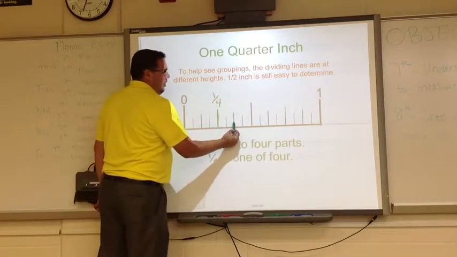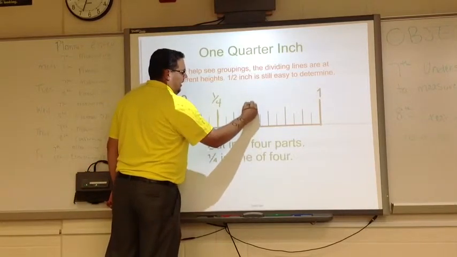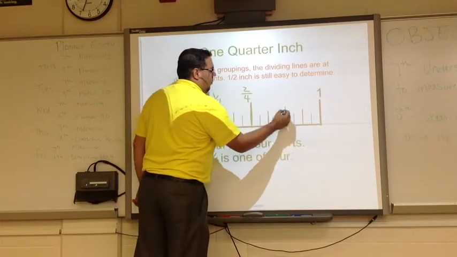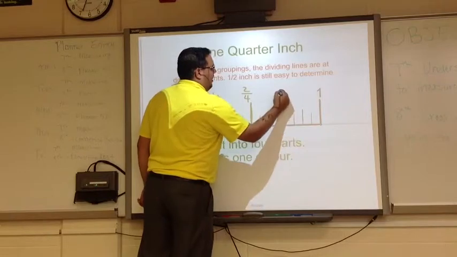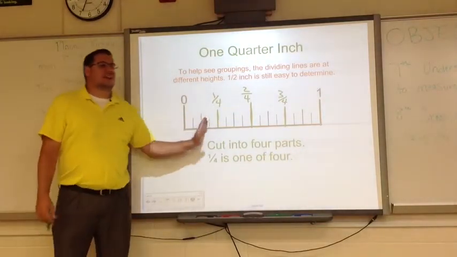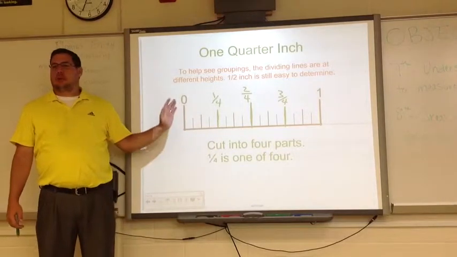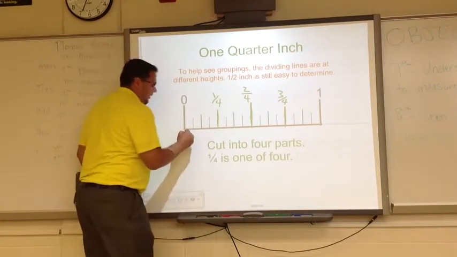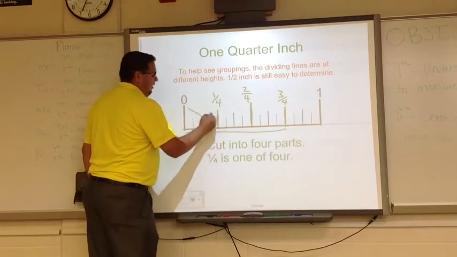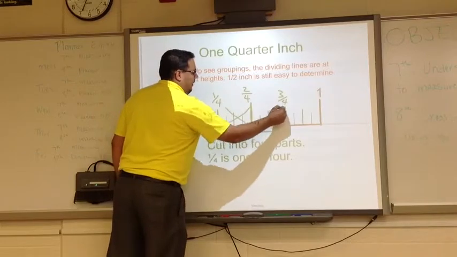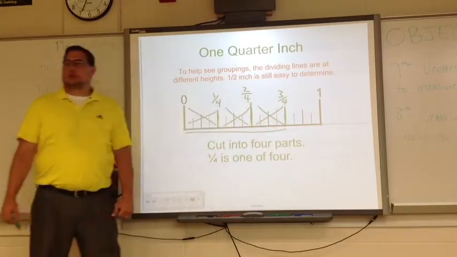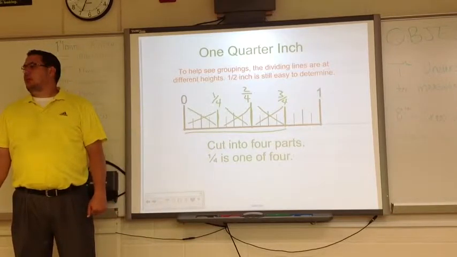Count to 4 again: 1, 2, 3, 4. Highlight it. That will be 2/4. 1, 2, 3, 4. Highlight it. That gives us 3/4. Notice that the inch is divided up into 4 equal parts. If we had a line that went all the way to there, we filled up this space, and this space, which gives us 1, 2, 3, which is 3/4.